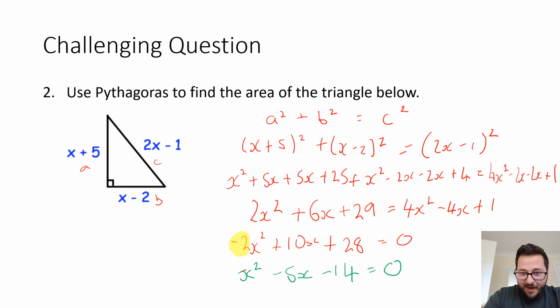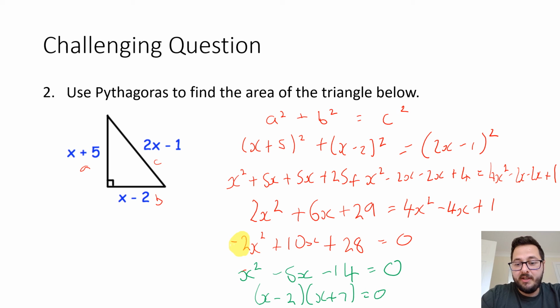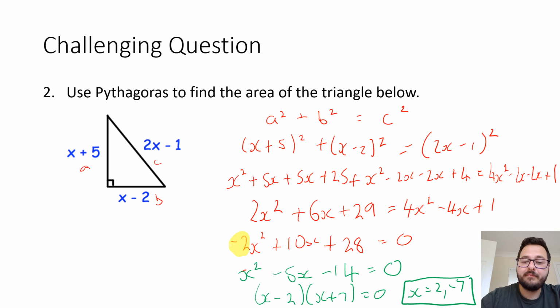Now we're cooking. So now we want two numbers, times to make 14, add to make minus 5, that is going to be x minus 2, x plus 7 is 0. So swap the signs, you're going to have x is 2 or minus 7. Okay, so we've figured out x.